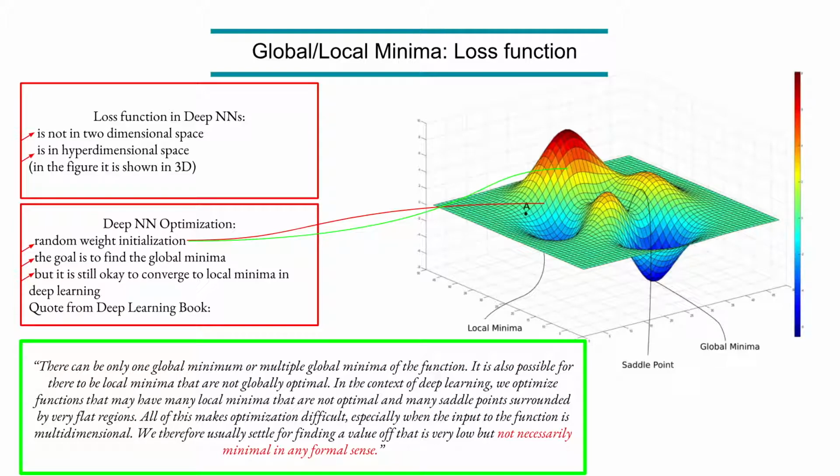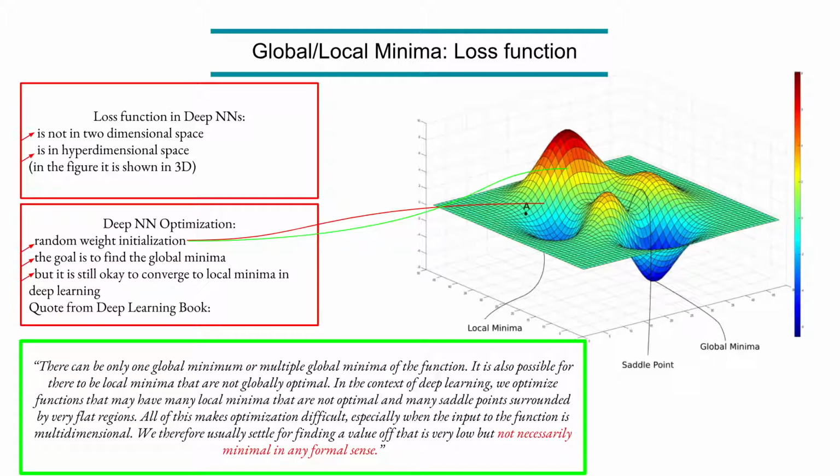Saddle points are kind of flat spaces in hyperdimensional space. And all of this makes optimization difficult, especially when the input to the function is multidimensional. For example, let's assume we have a 10 by 10 image. So there are 100 parameters here.